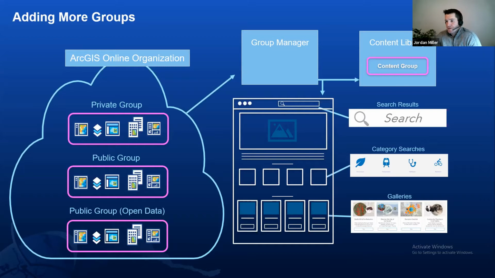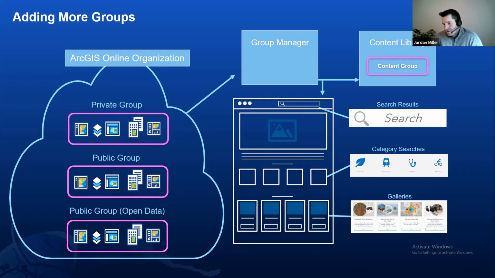Okay, that's very straightforward. That makes sense. But if we wanted to have a group specifically for open data, we can create a group for open data, and we can set that up to be a public group if we wanted, or we can share out applications through a public group, or if we wanted, we can also set up a private group.